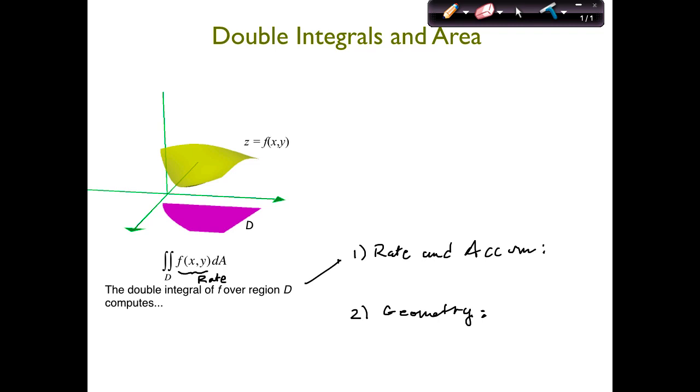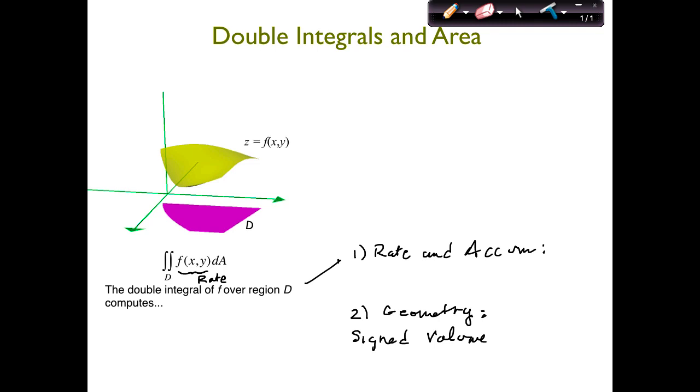Samantha, what did you think about geometry? It'll give you the signed volume under the curve. But in this case, it's just absolute volume because the rate of change function is positive.